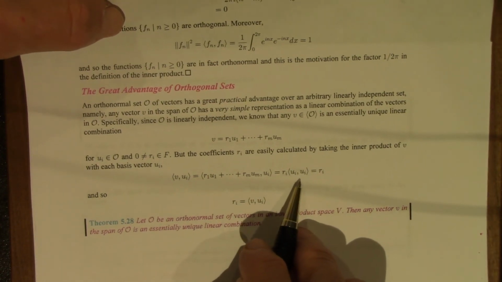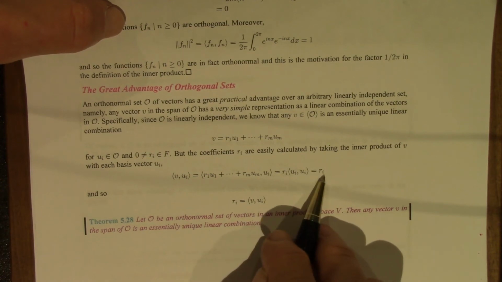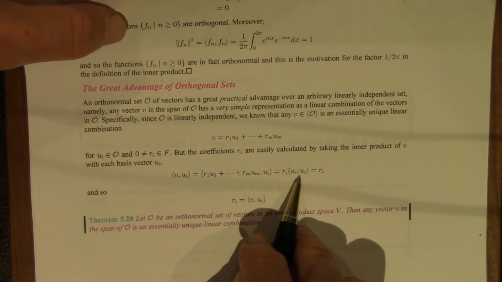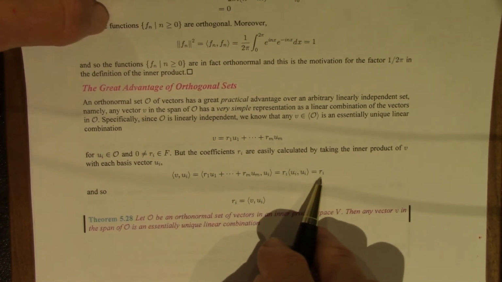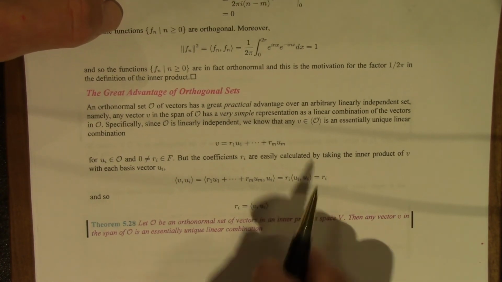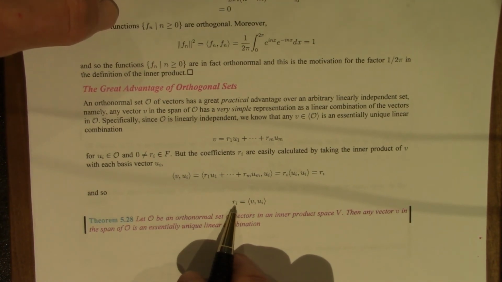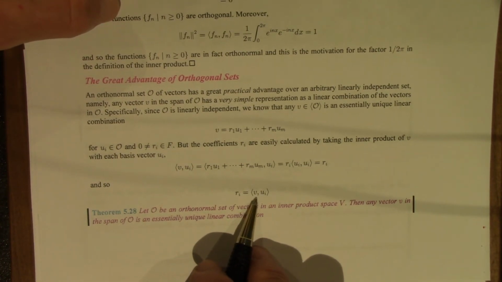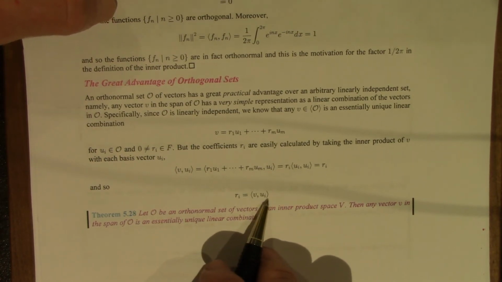And since the ui's have norm 1, this is just ri. If they didn't have norm 1, you'd have to keep this inner product, which isn't a big deal. So this works for both orthogonal and orthonormal sets. But for orthonormal sets, it's a little simpler. So the coefficient r sub i of u sub i is just the inner product of v with u sub i, in this order, v inner product ui.